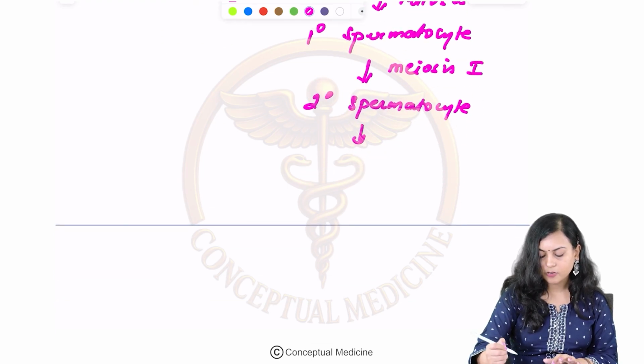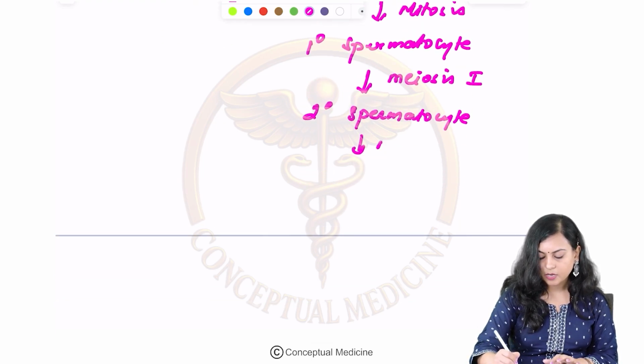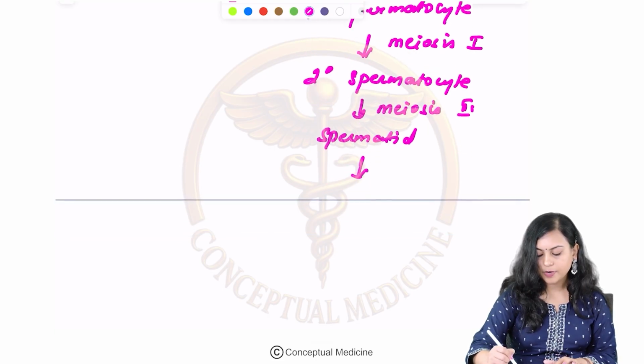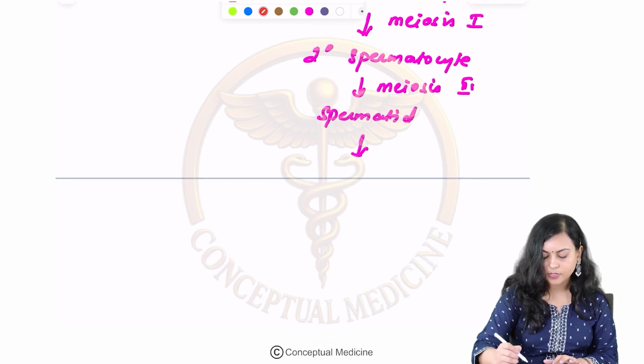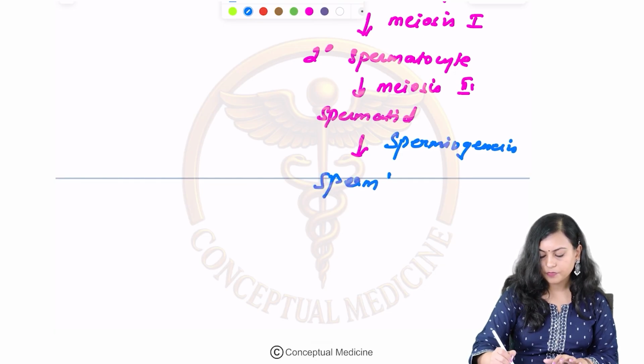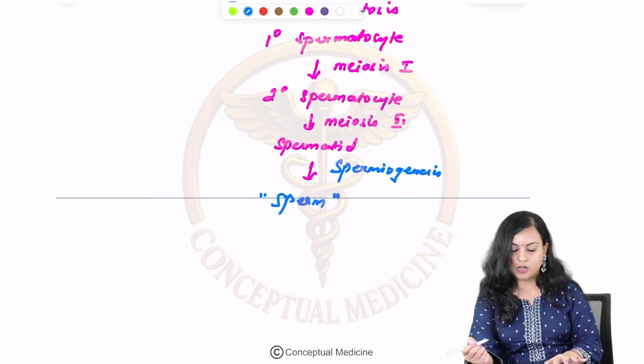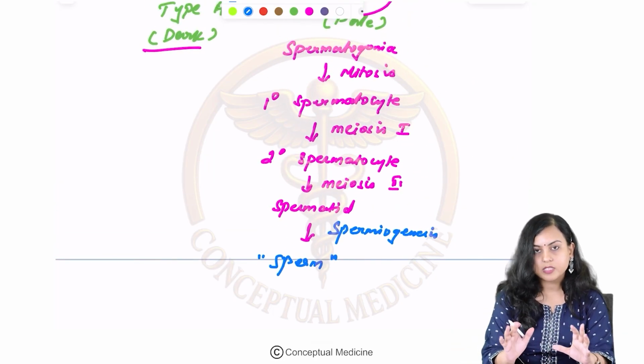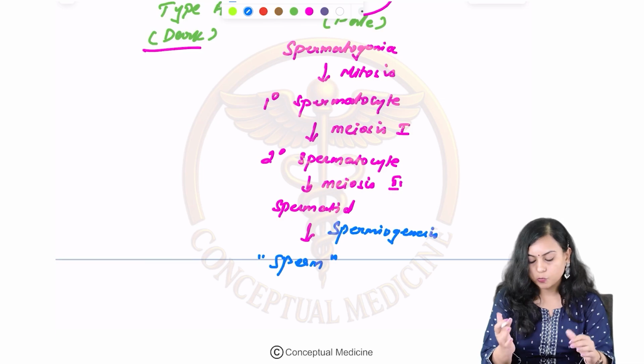Then from the secondary spermatocyte, we'll have spermatids through meiosis 2, and the spermatid undergoes a special process called spermiogenesis to become a sperm. Right? So, there is no arrest in spermatogenesis as we have seen in oogenesis.